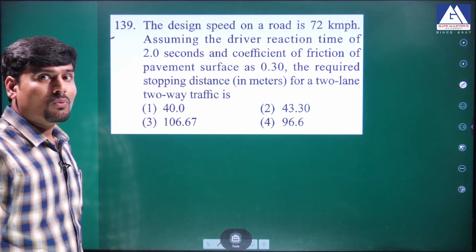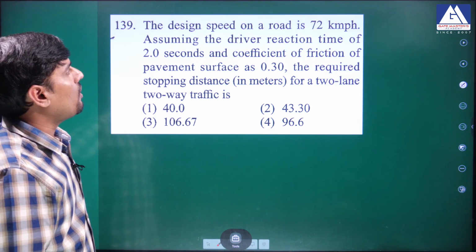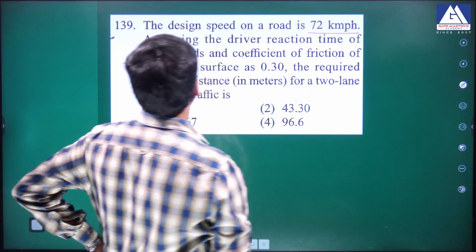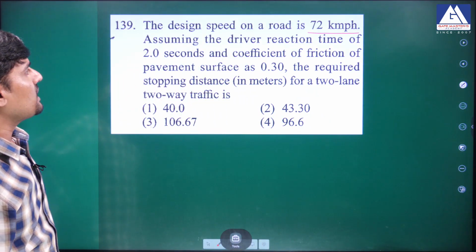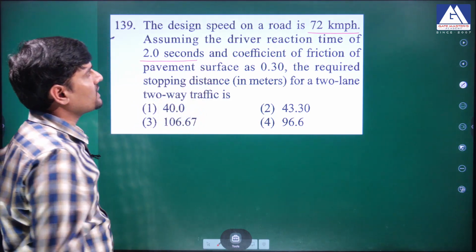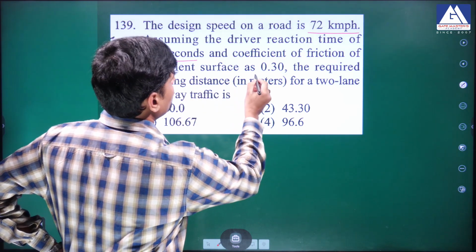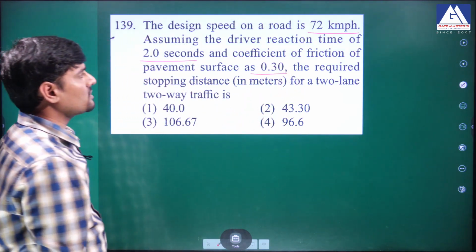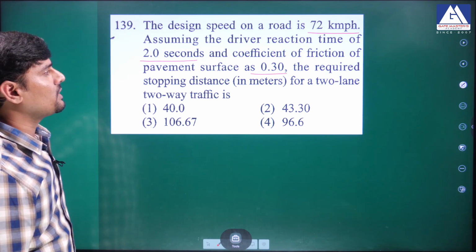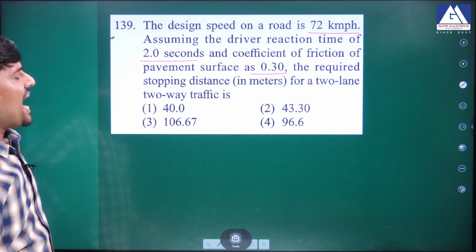Next, question number 139 of transportation engineering. The design speed on a road is 72 kmph, assuming a driver reaction time of 2 seconds. So small t is also given, reaction time is given, speed is given, and the longitudinal coefficient of friction is given as 0.3. The required stopping sight distance for a two-lane two-way traffic should be considered as it is.